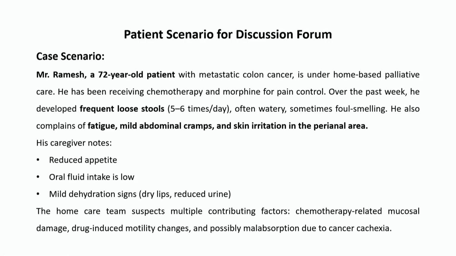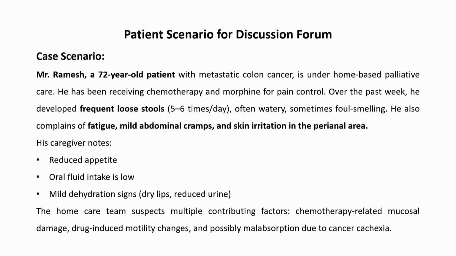Now, this is a very important assignment for you. Patient scenario for discussion forum. Mr. Ramesh, a 72-year-old patient with metastatic colon cancer, is under home-based palliative care. He is at home. He has been receiving chemotherapy and morphine for pain control. Over the past week, he developed frequent loose stool, 5 to 6 times per day, often watery, sometimes with a foul smell.